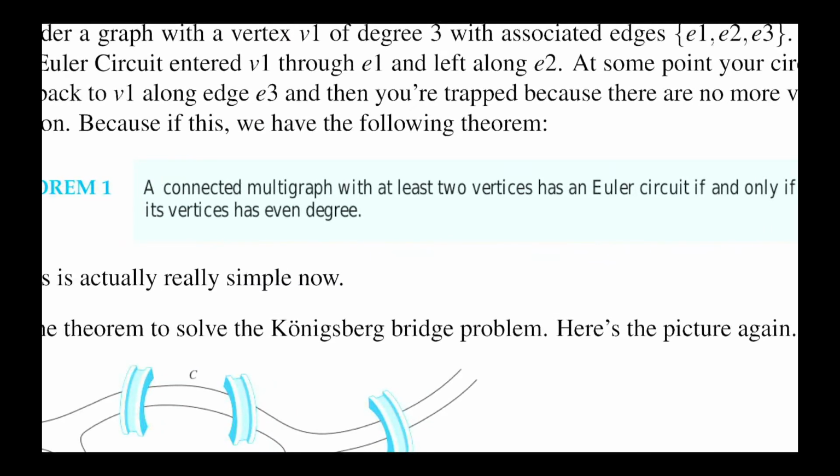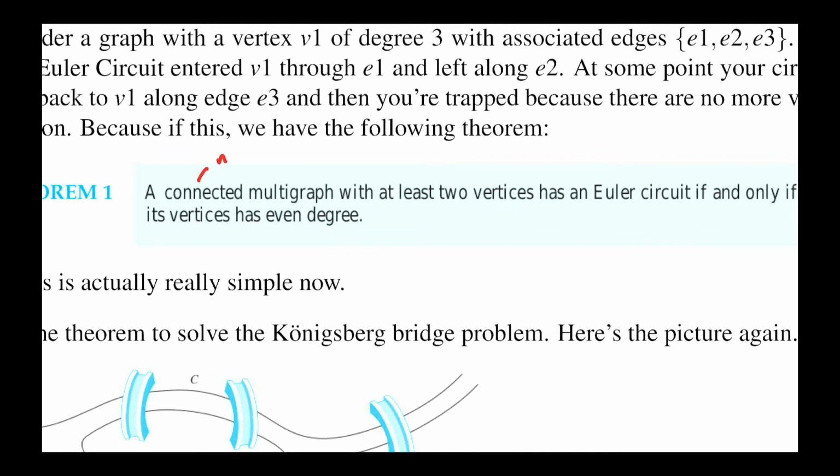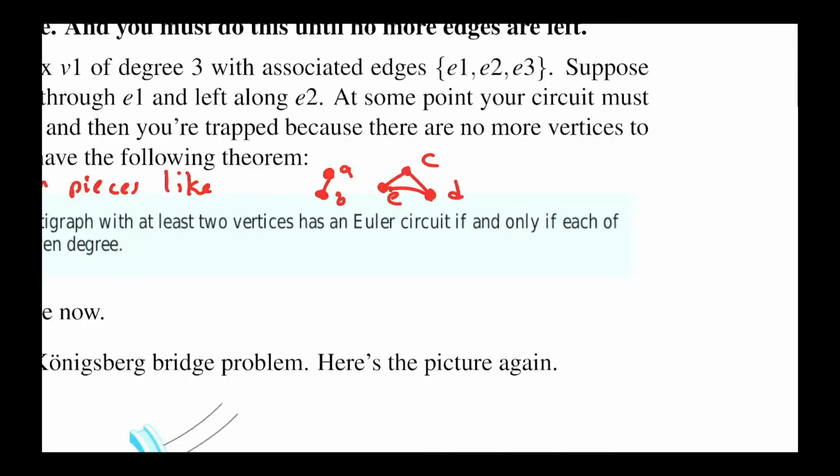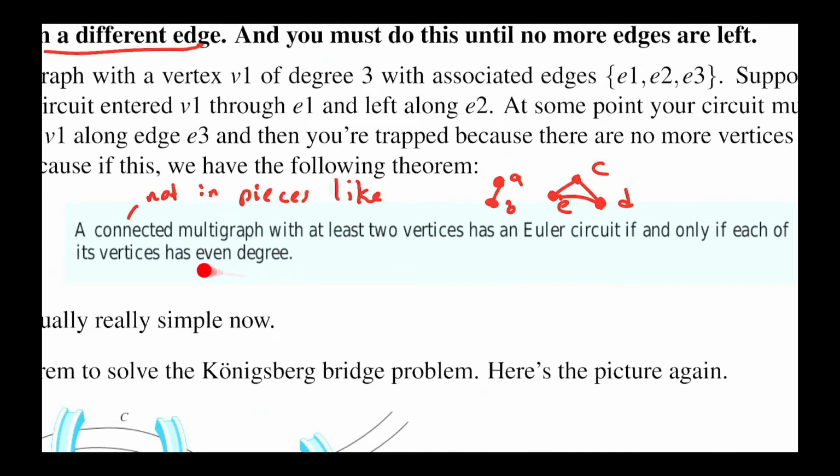So a connected multigraph, connected means just not in pieces. Like this is in two different pieces. That's not connected. So connected just means in one piece. A connected multigraph with at least two vertices has an Euler circuit if and only if each of its vertices have even degree.